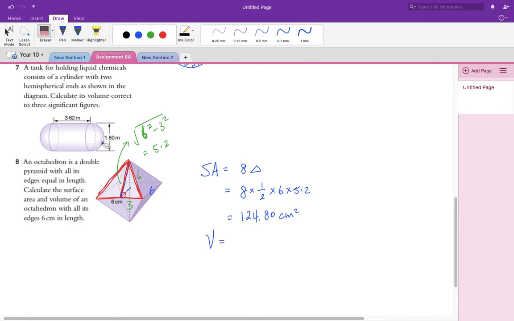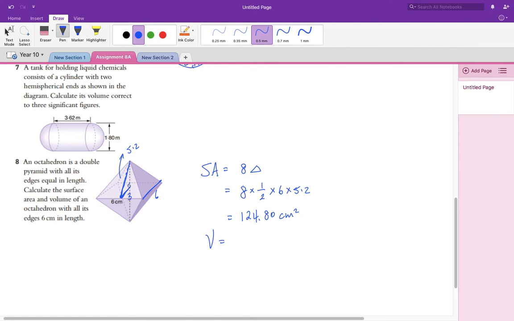I'm just going to rub it out so that it's clearer to see for volume, but I do need a slant height. So I know the slant height is 5.2, that's from the previous question. You also know that this side is going to be half of 6.